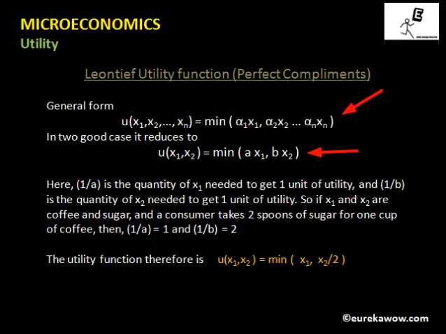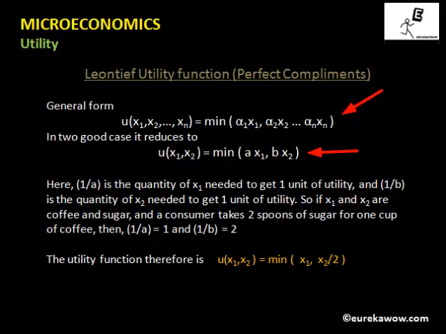So if x1 and x2 are coffee and sugar, and a consumer needs 2 spoons of sugar for 1 cup of coffee, so in order to derive 1 unit of utility, we say that 1 cup of coffee will give the consumer 1 unit of utility. So how many spoons of sugar do we require? 2. So what will be 1 by b? In this case we have taken good 2 to be sugar. So 1 by b in this case will be 2. And similarly 1 by a in this case will be 1, because we need 1 cup of coffee to get 1 unit of utility.